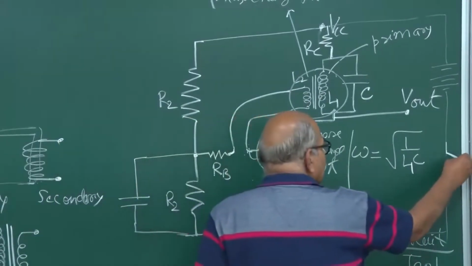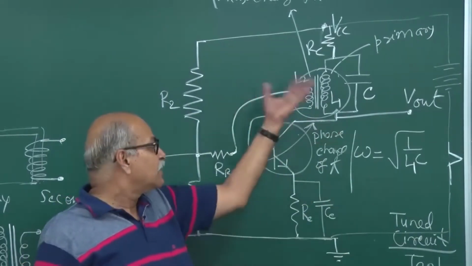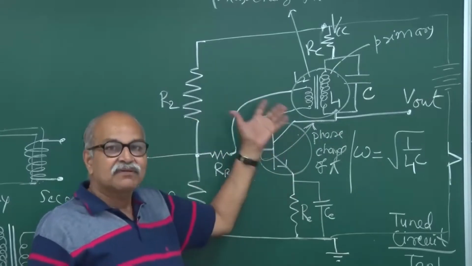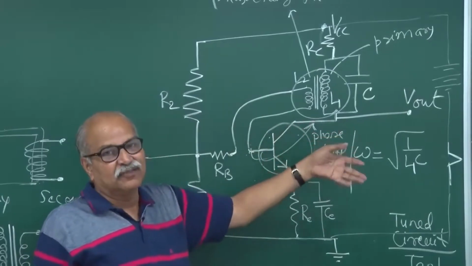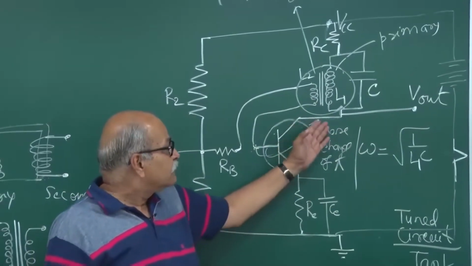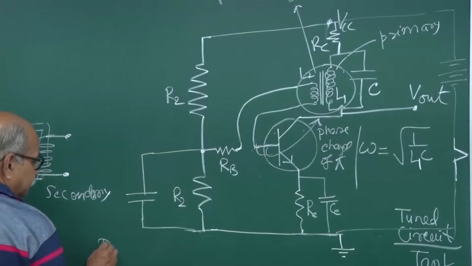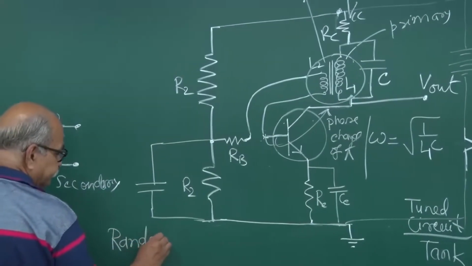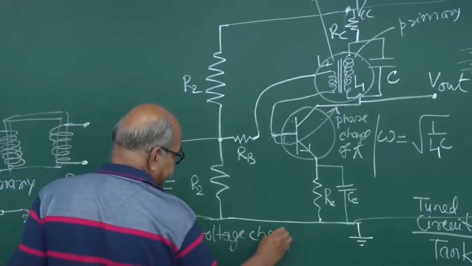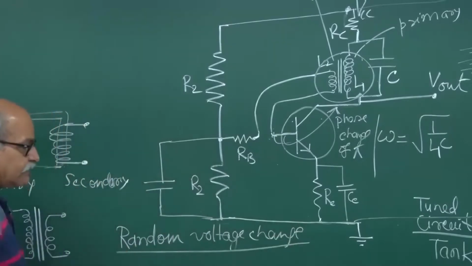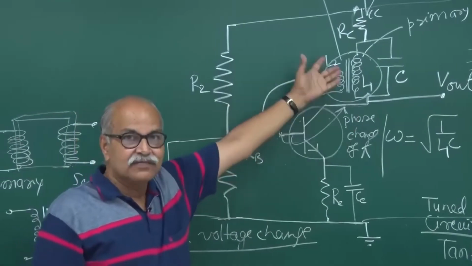So when you switch on the circuit for the first time, what will happen? Some current will flow, and then the transistor will go into its active mode, and something will be amplified, whatever, noise or that. But then when that reaches here, that noise or random voltage change, right, when you switch on, the current starts and something is amplified, some voltage goes there.